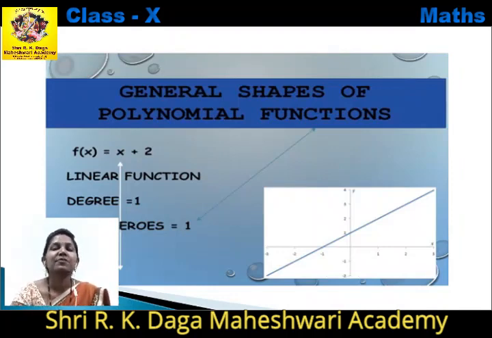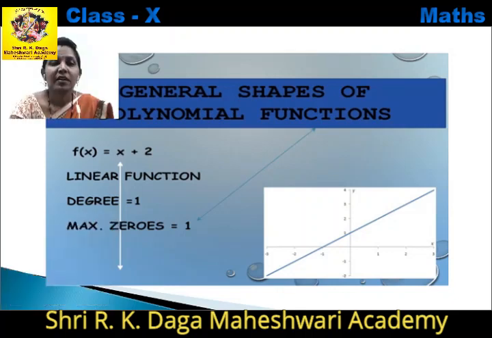Now general shapes of polynomial functions. Now this polynomial can be expressed using graph also. So here we will discuss about shapes of polynomial function. In this case you can see f of x equal to x plus 2, which is a linear polynomial because the highest power of variable is 1. So its degree is 1. Now maximum zeros.